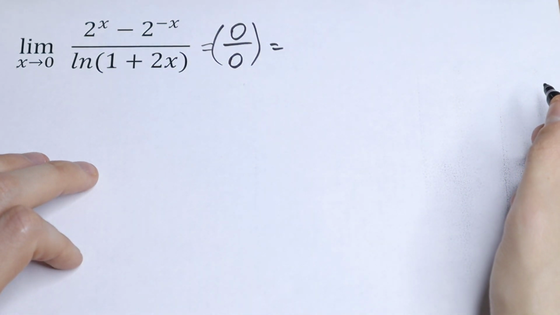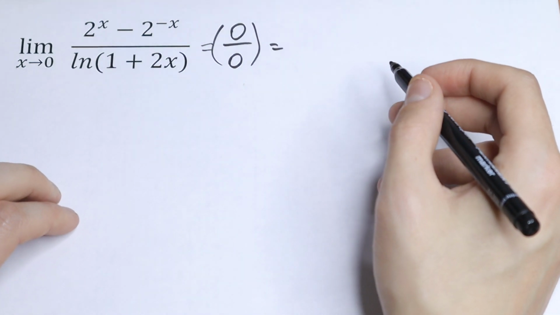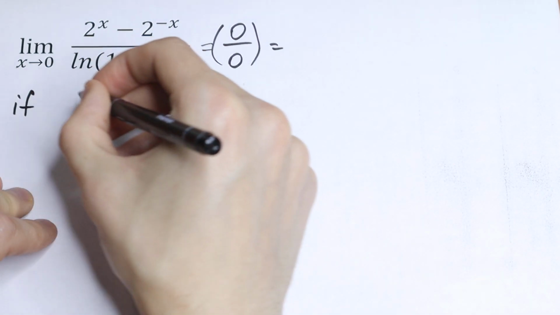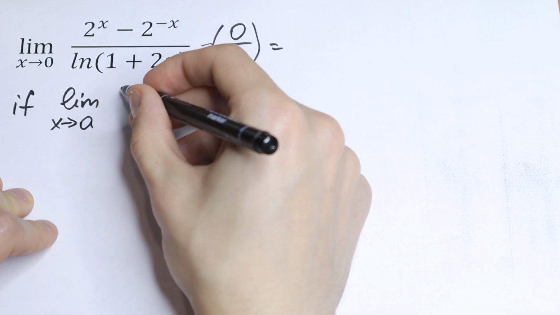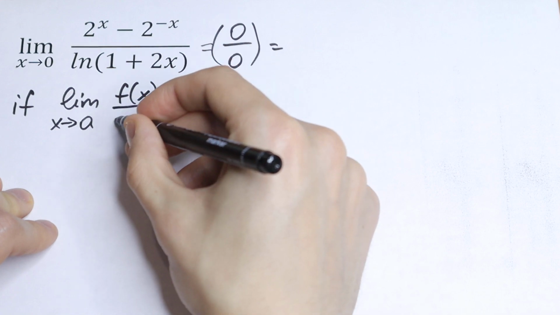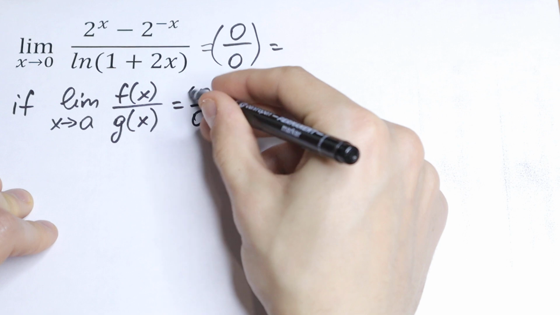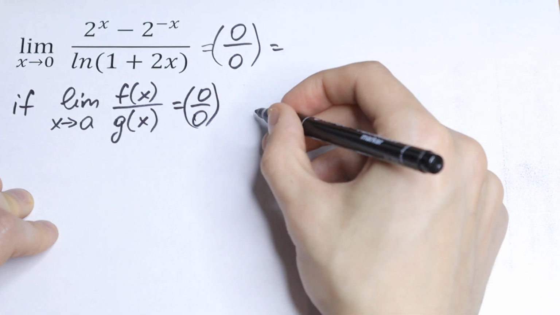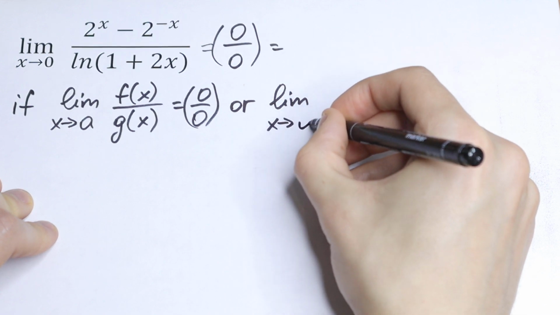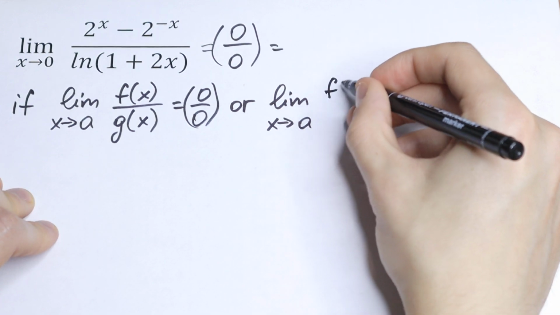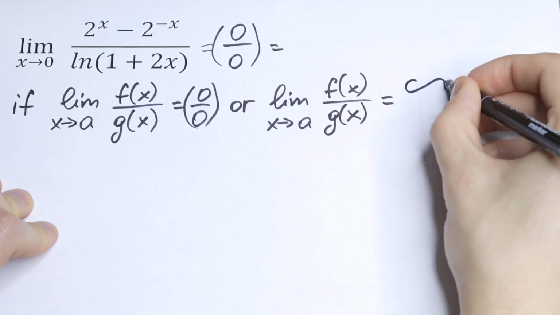So what are we going to do in our case? It's a really good moment to remember or to learn about L'Hopital's rule. If we have, for example, the limit as x approaches a of the function f(x) over g(x) equal to 0 over 0, an undefined answer, or we have the same limit of the same function f(x) over g(x) equal to infinity over infinity.